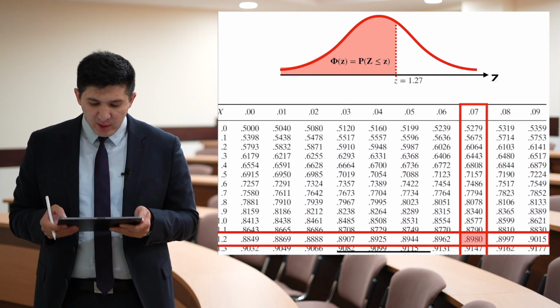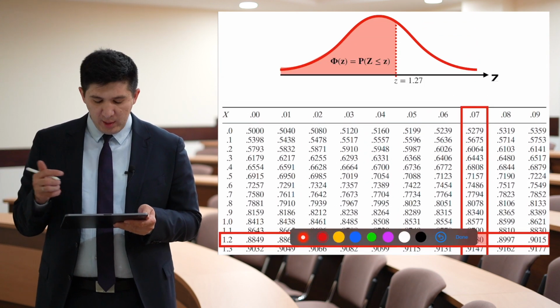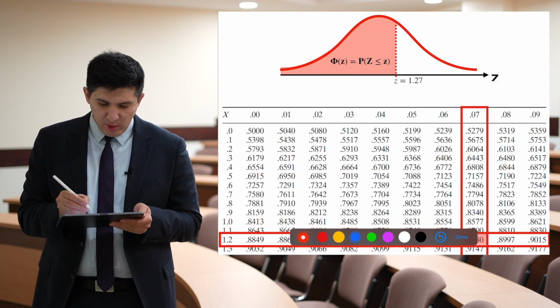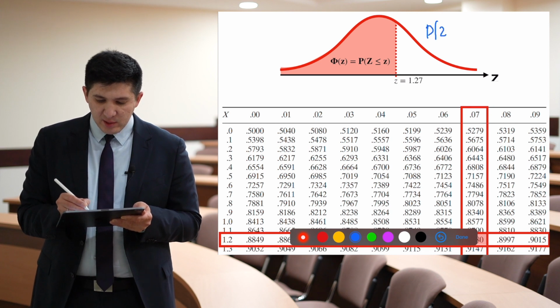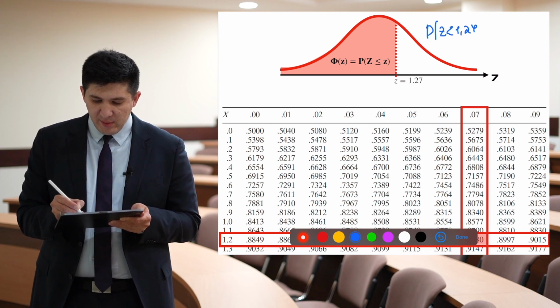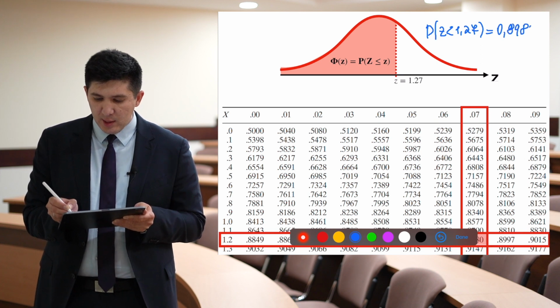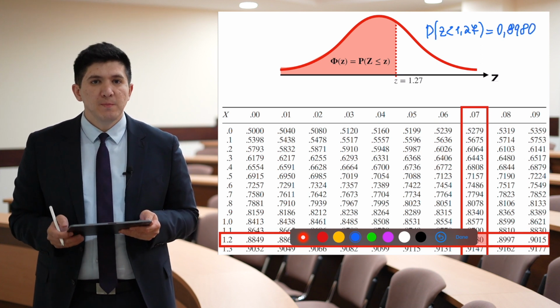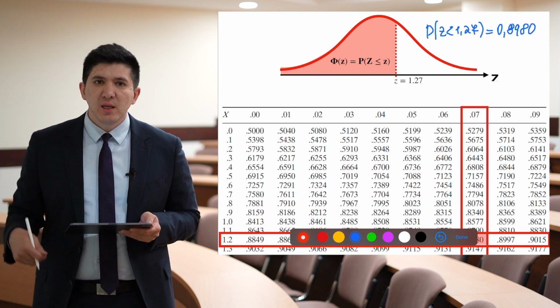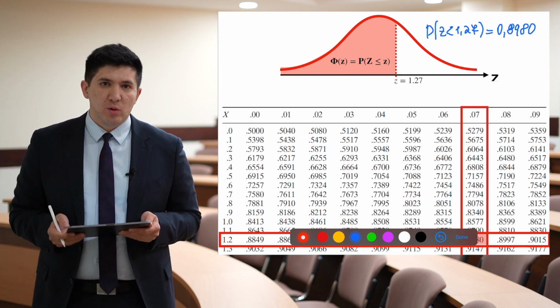So the probability that if I choose one of the thermometers randomly its value is going to be less than 1.27 is 0.8980.